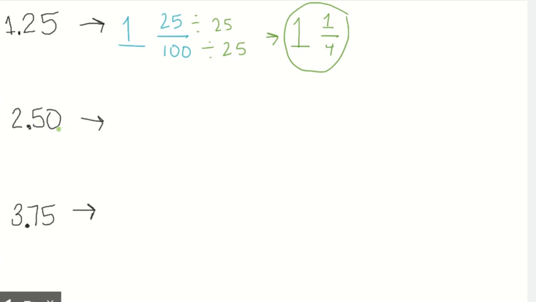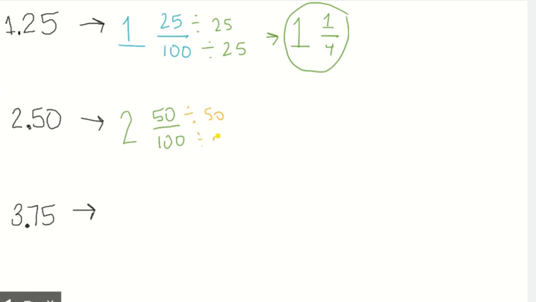Now we have 2.50 or 2.5. So for this one, I have a 2 as my whole number, and then I have 50 over 100 because the 0 is in the hundredths column. What can I divide both 50 and 100 by to simplify this fraction?